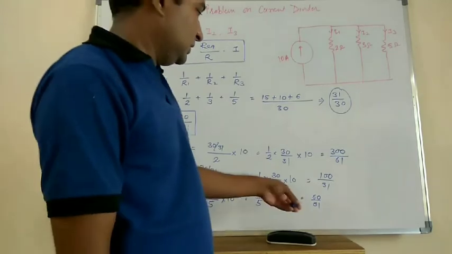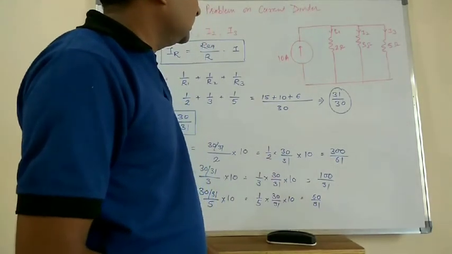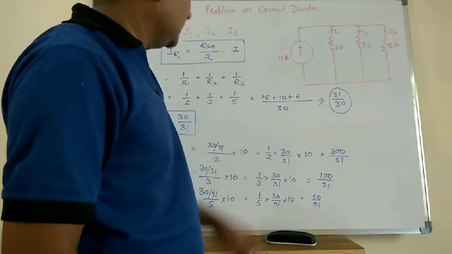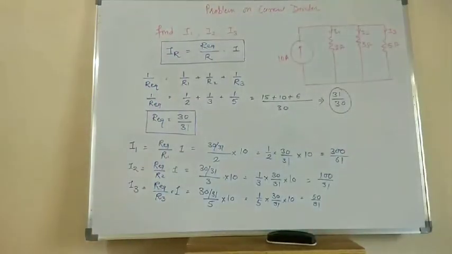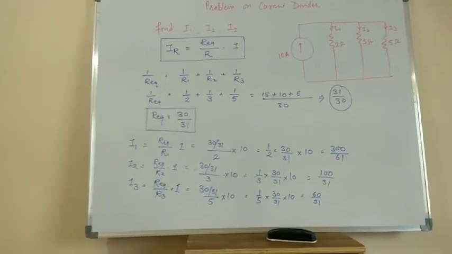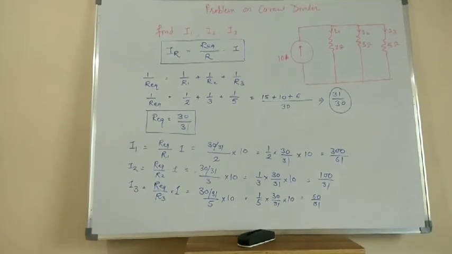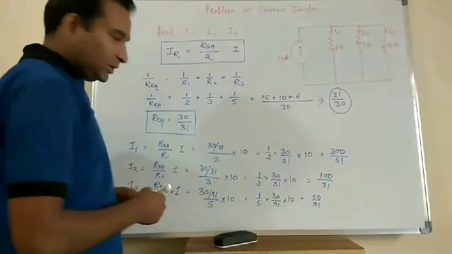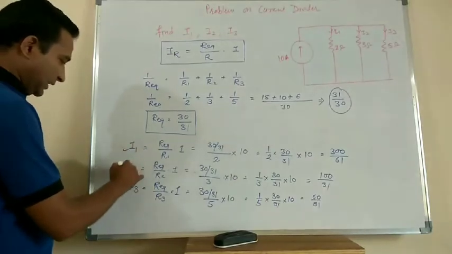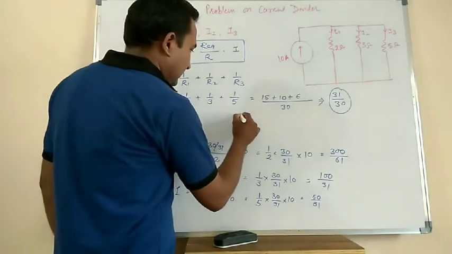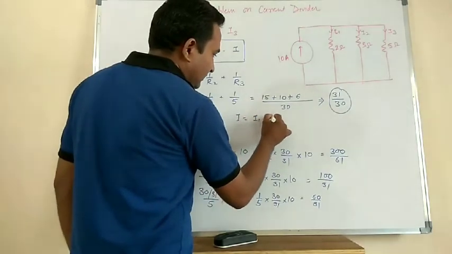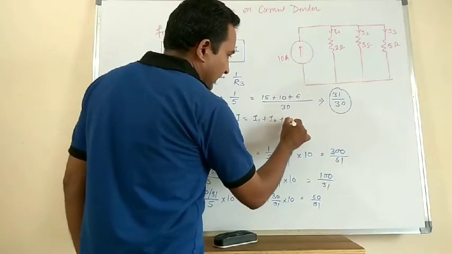So this is the current through each resistor. In this way you can calculate I1, I2 and I3. And remember that I is equal to I1 plus I2 plus I3.